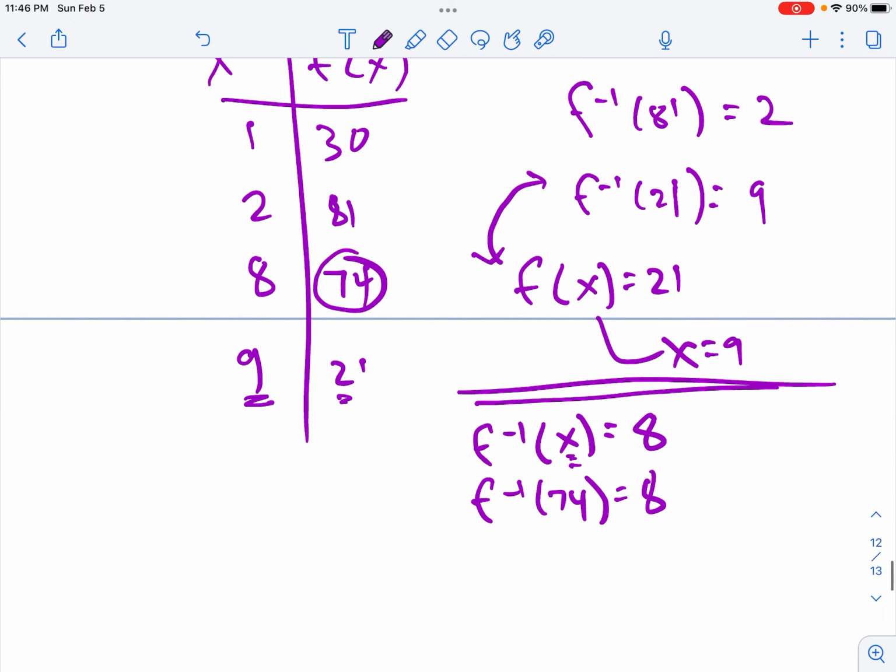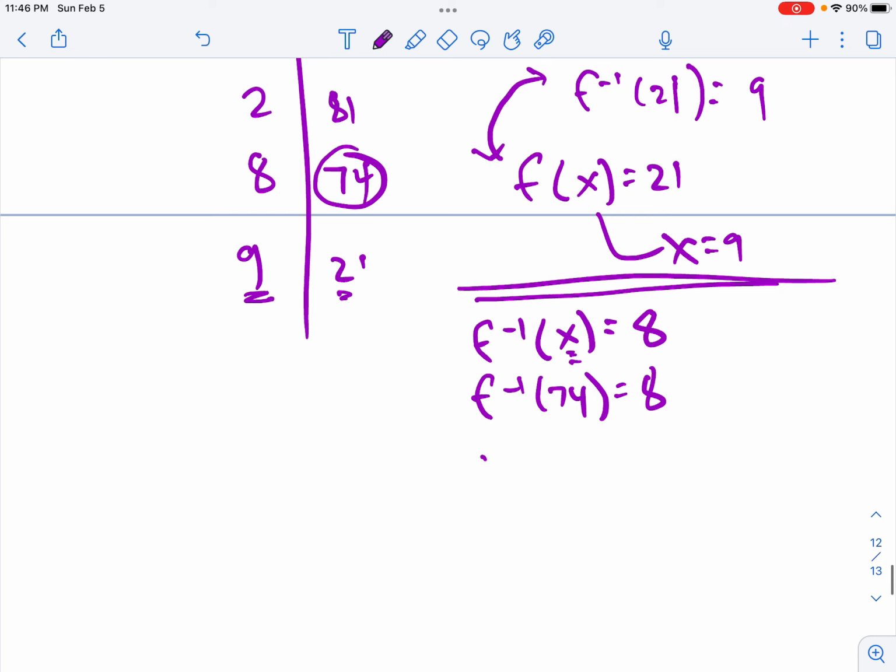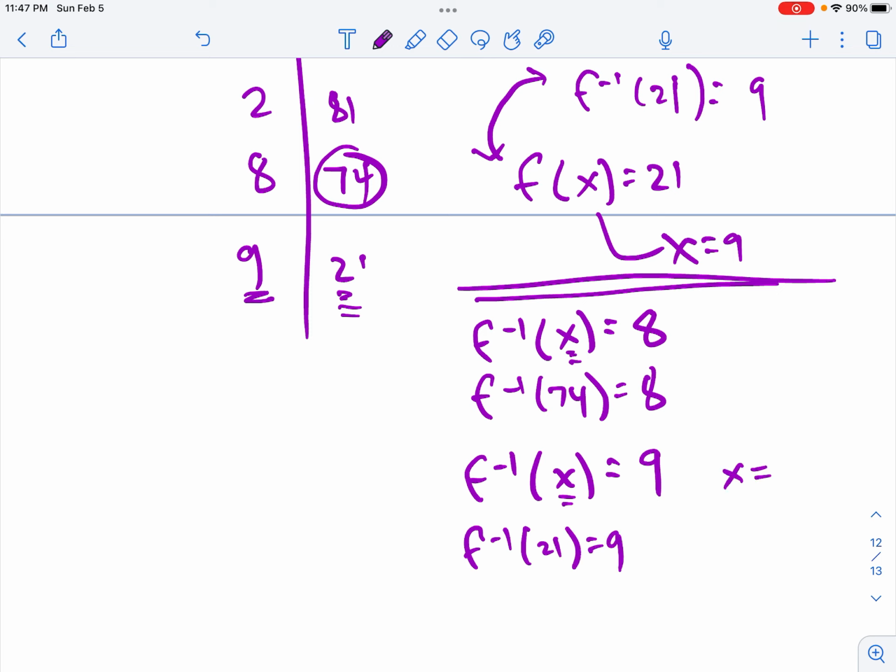Let's do another one. Again, these are kind of mind-bending. The inverse function of what is equal to 9? Well, I can replace that letter x with the number 21. The inverse function of 21 is equal to 9, and so x is equal to 21.